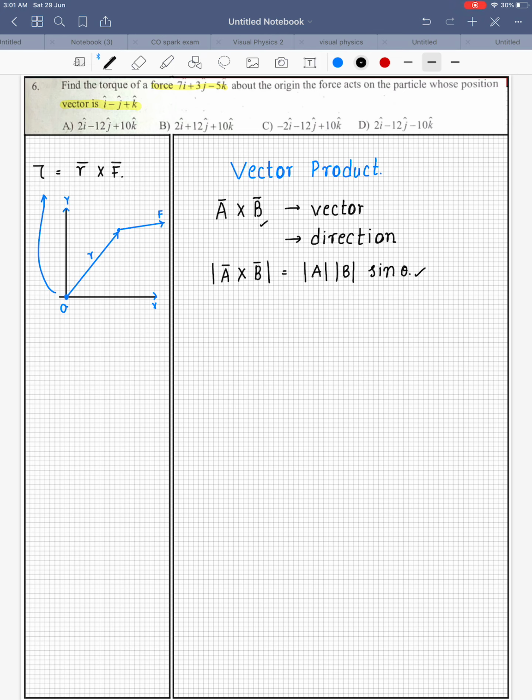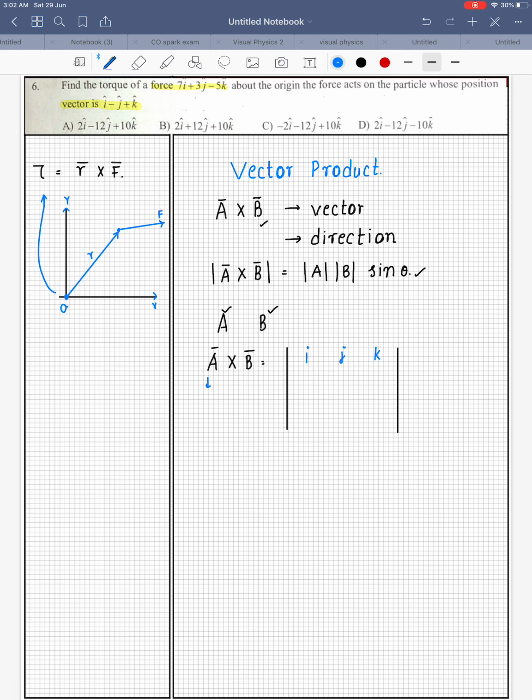Fine. Now if two vectors are given, A bar and B bar, how would you get this vector A bar cross B bar? For that we use a determinant of a matrix, and you write i, j, k.